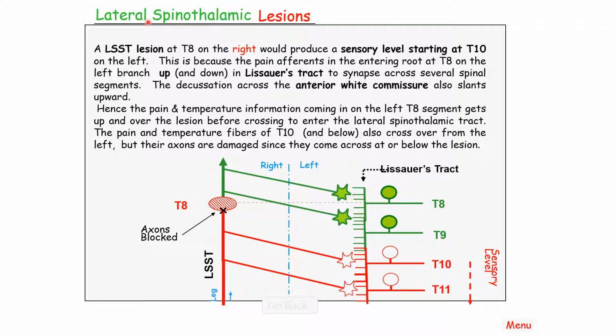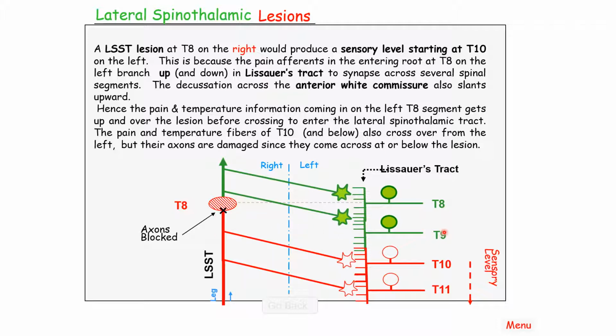This effect of lateral spinothalamic lesions in the spinal cord, as we've indicated, is somewhat distinct due to the lateral spinothalamic lesion that might be at T8. In this case, if you have a lesion at T8 in the spinothalamic tract, it would produce a sensory level starting at T10, because these fibers that were traveling across to the midline would be blocked when they start to ascend.